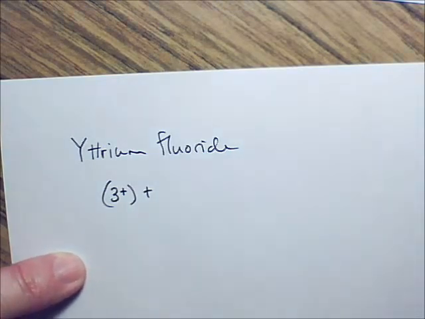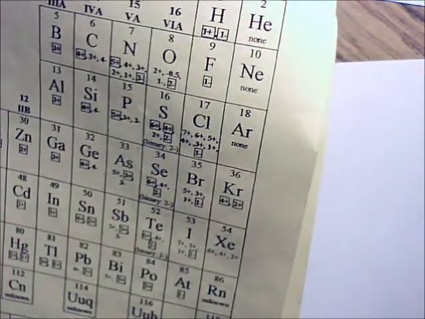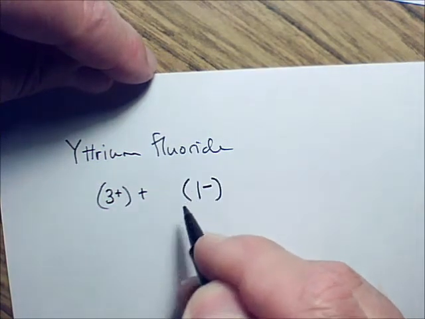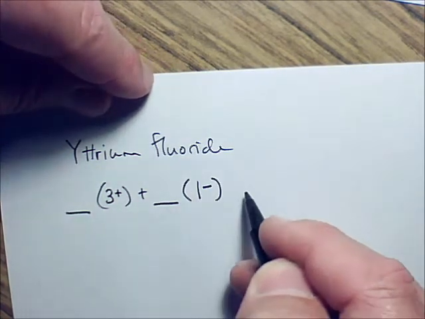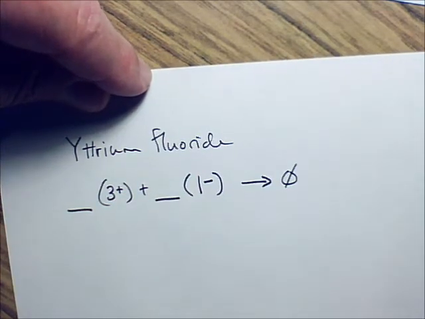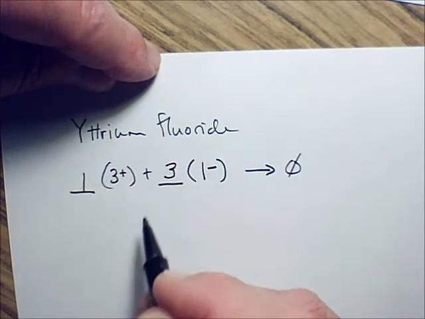Alright, and then what charge does fluorine have? 1 negative. Okay, so what numbers do I put in front to get a formula that comes out to have an overall charge of 0? A 1 and a 3.